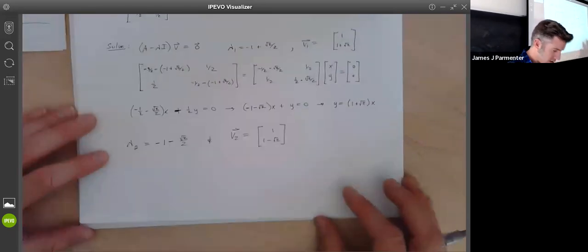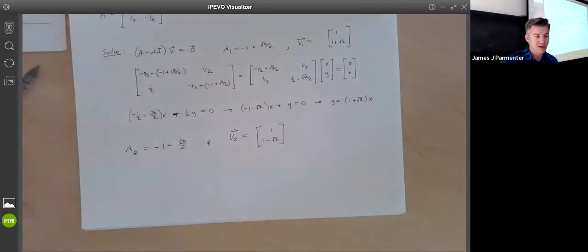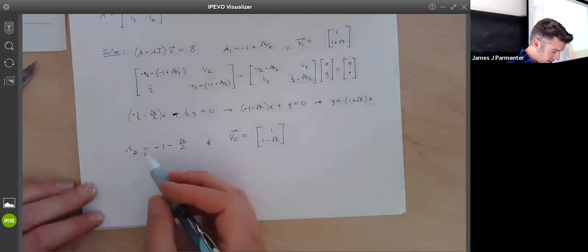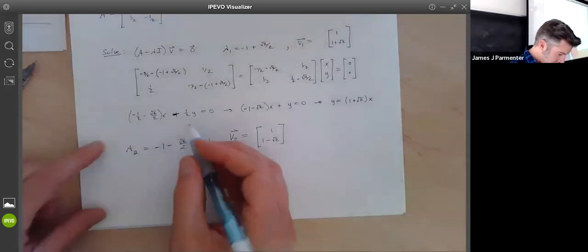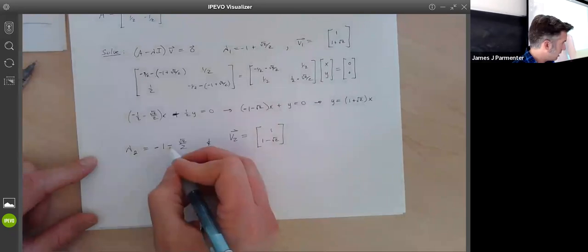Let's show it though. So we're going to show it in kind of the laziest way possible by adding a minus sign to everything. So all I'm doing for my eigenvalue is changing this plus sign to a minus sign.